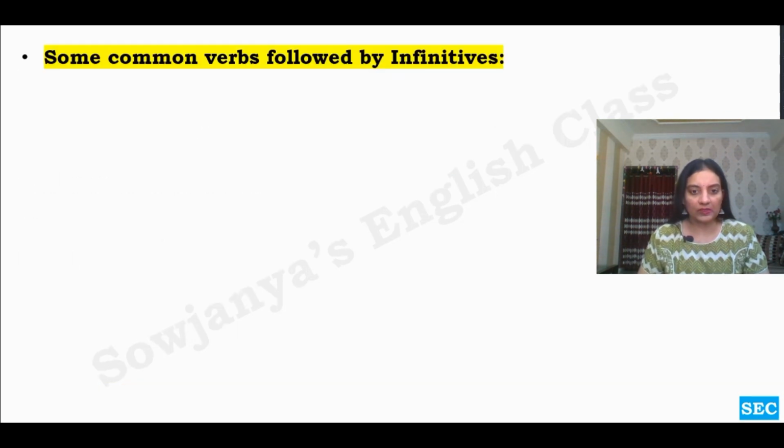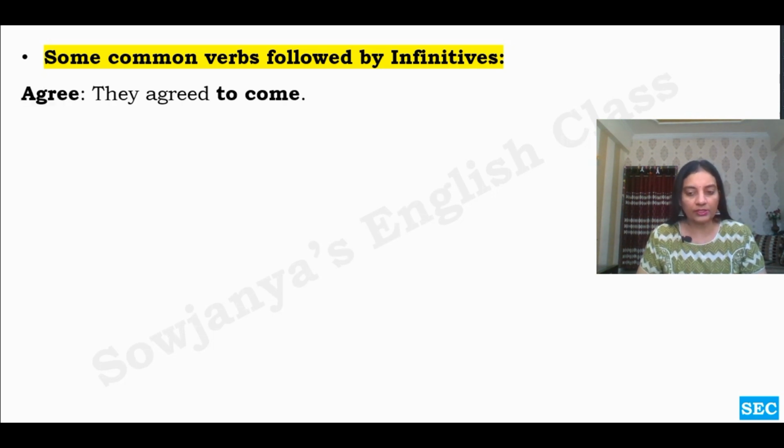Some common verbs followed by infinitives are: agree. He agreed to come. See, try to replace the infinitive with any ing form here, like a gerund. He agreed coming. It doesn't make sense, right? So agree is followed by infinitive always.